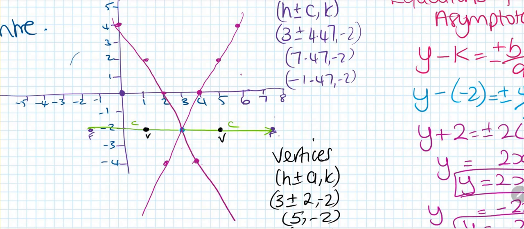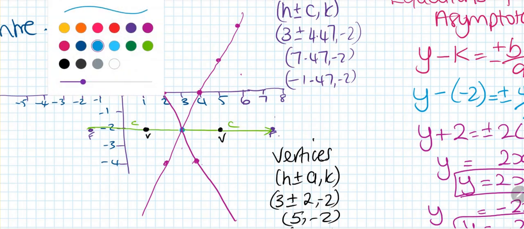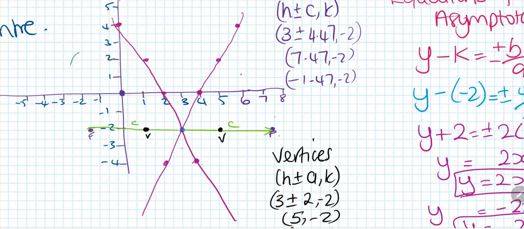If we now draw our rectangle, we're looking at the points on the asymptote through the vertex and across.